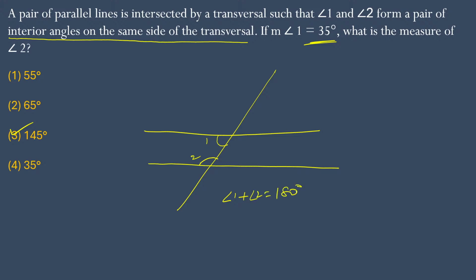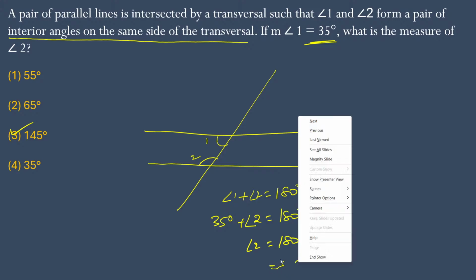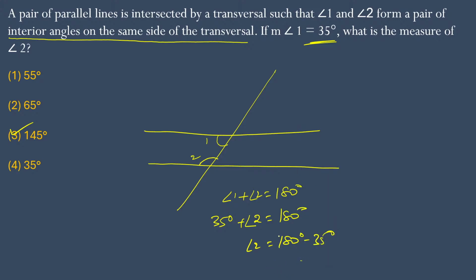In that, angle 1 is given as 35 degrees. So we need to find angle 2. Angle 2 is equal to 180 degrees minus 35 degrees, that is 145 degrees. Okay, right.